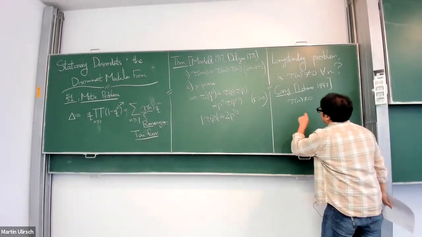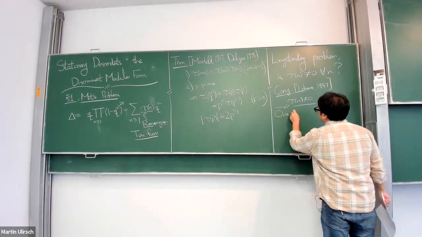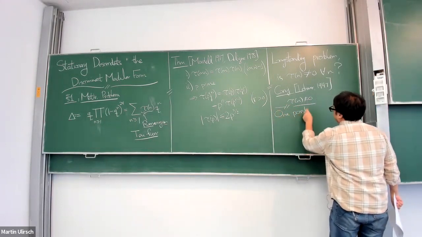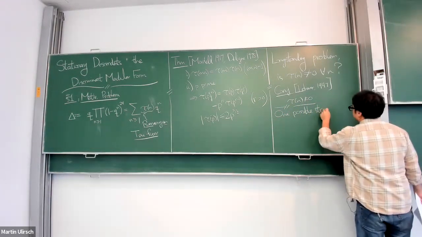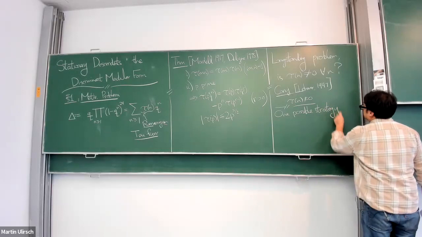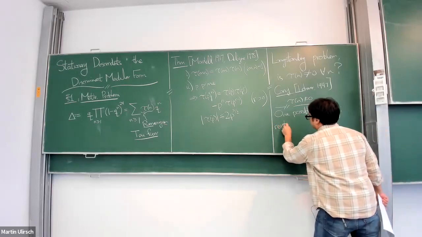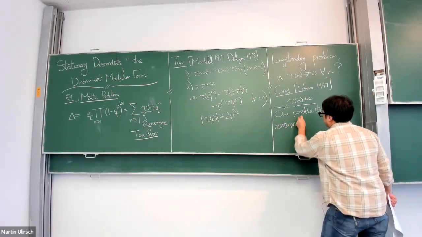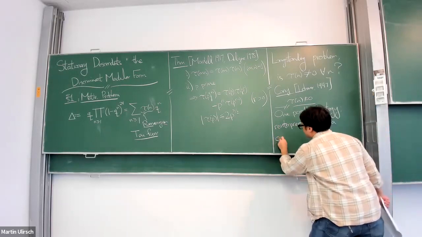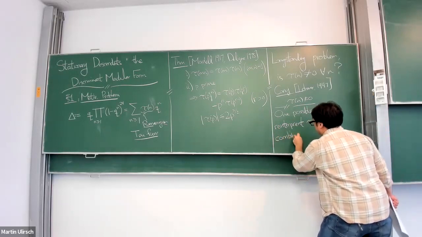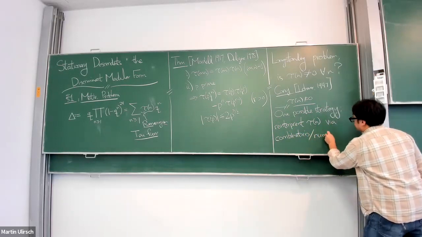So one possible strategy. By the way, if there are any questions, please feel free to just speak up. One possible strategy is to reinterpret tau via either combinatorics or very classical numbers.